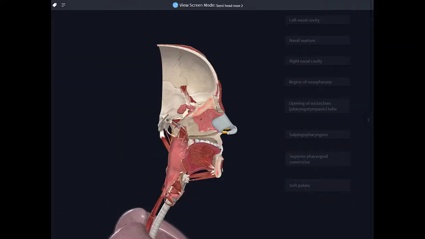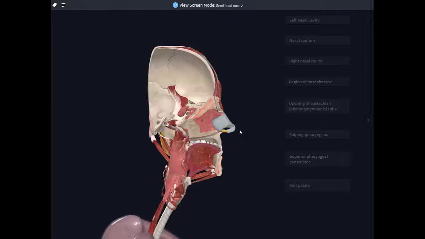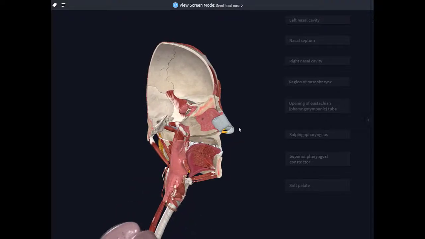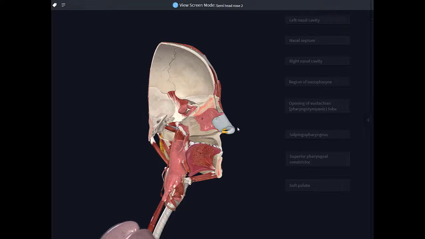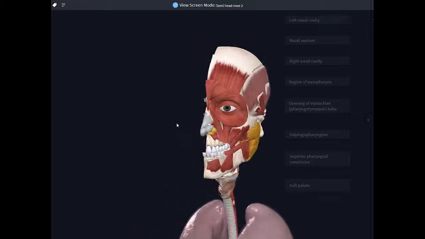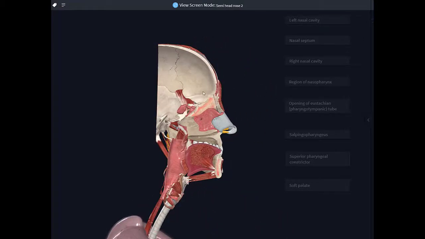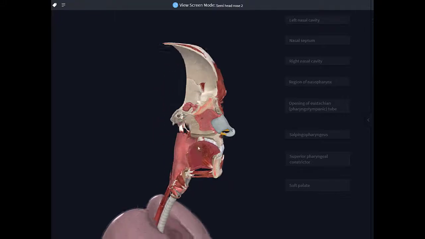So now I've made us a hemisected head that's supposed to help us illustrate the extent of the nasal cavity and also the differences between the nasopharynx and the oropharynx. Okay, so the nasal cavity technically will extend from the cranial cavity superiorly, which is up here of course, to the palate inferiorly.